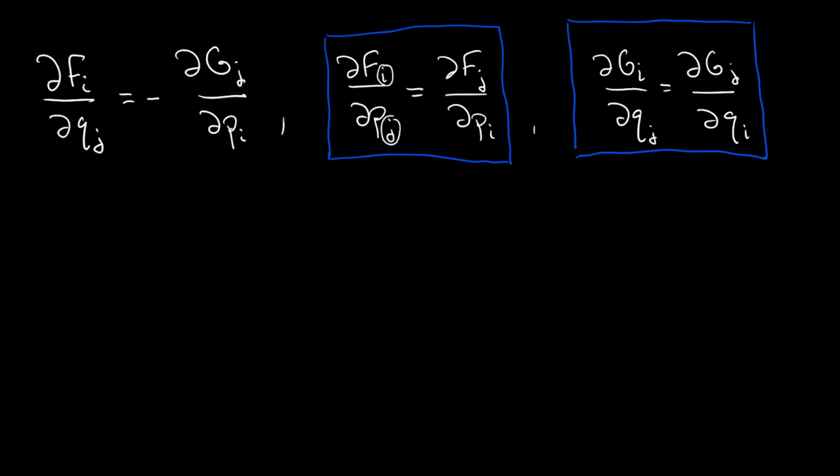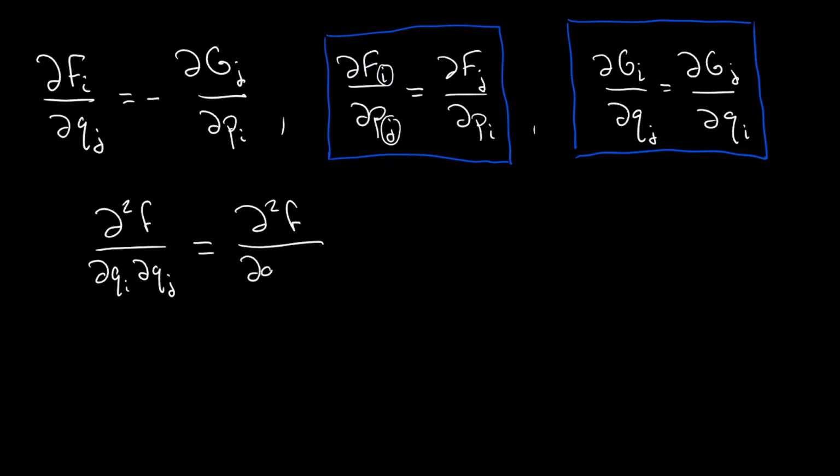If I had a second derivative of some function, we'll say ∂²f/∂q_i∂q_j, this is equal to ∂²f/∂q_j∂q_i, right, because I can commute derivatives. I can move them past each other as long as they're independent derivatives.